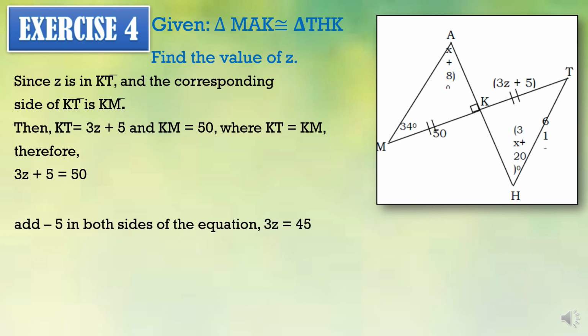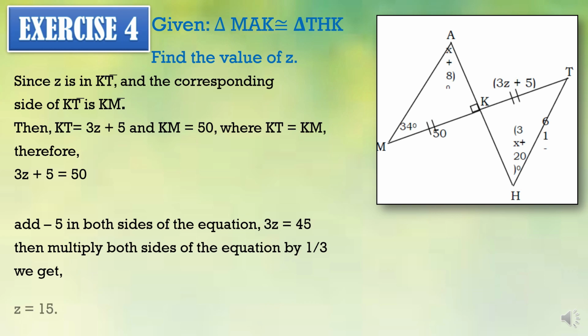So, you just have to add negative 5 on both sides of the equation. Therefore, 3Z is equal to 45. Then, multiply both sides of the equation by 1/3. We get Z is equal to 15.